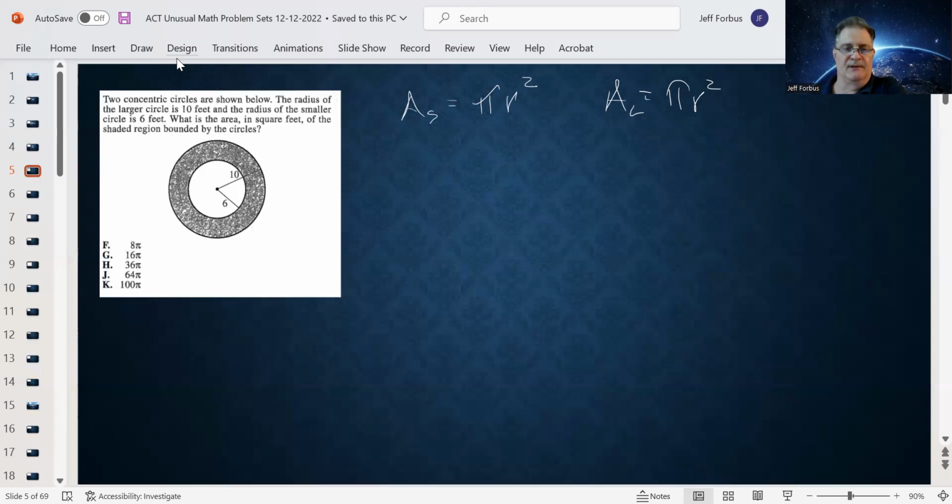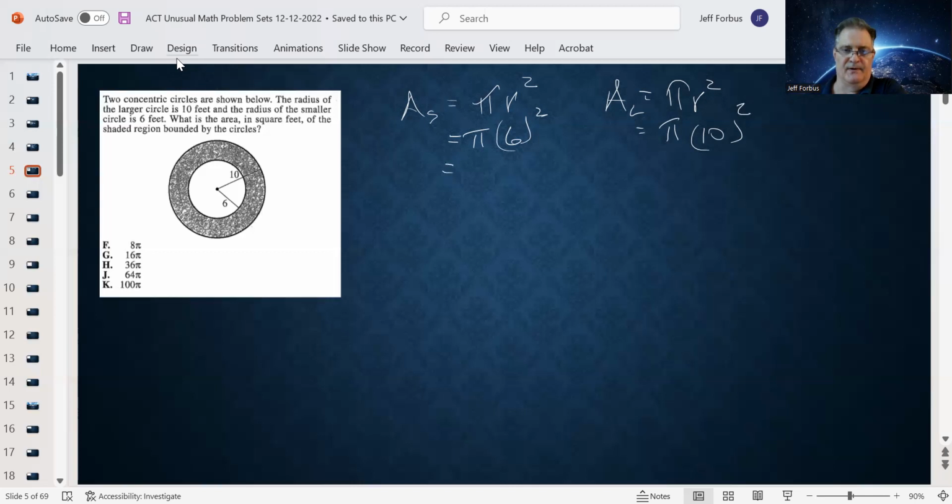Take the information that they gave us in the figure and fill in the numbers. So pi, the radius of the small circle is 6, 6 squared. Pi, the radius of the large circle is 10, so 10 squared.